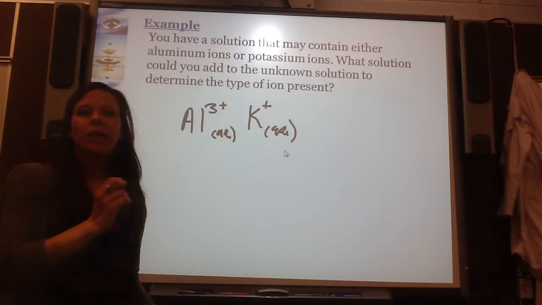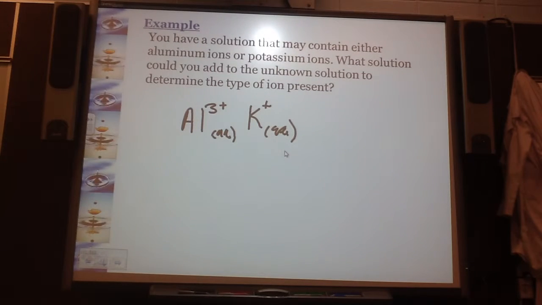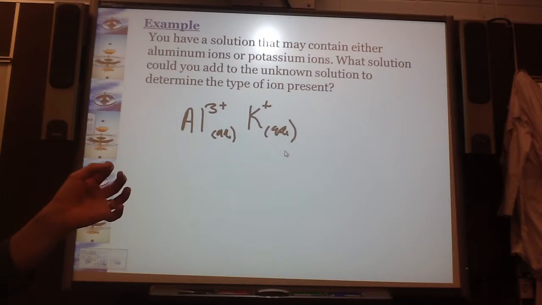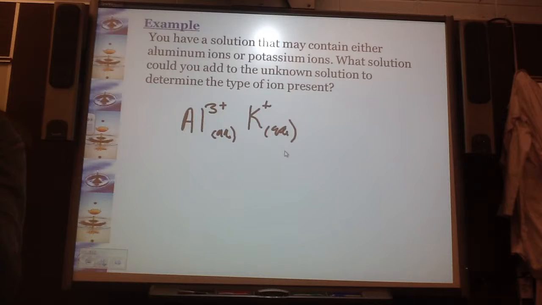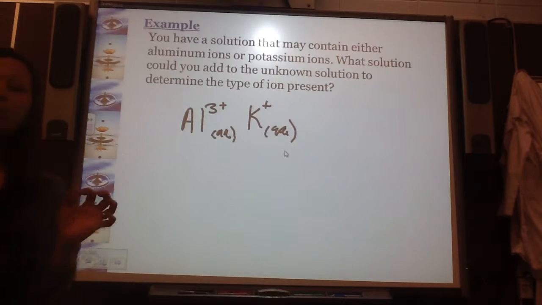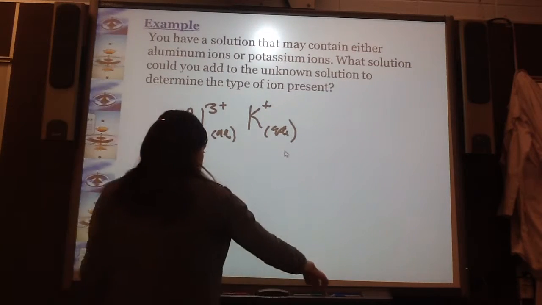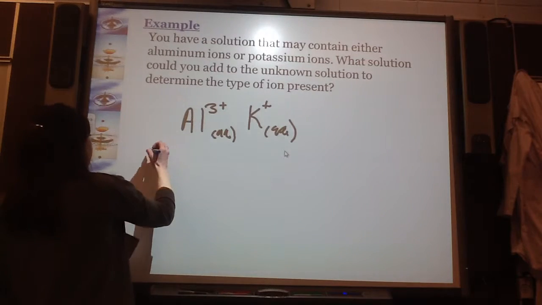Now, what you need to think to yourself is, what could I add to this unknown solution so that one of these ions will make a precipitate with it, but the other will not? Okay? This is what you need to think to yourself.